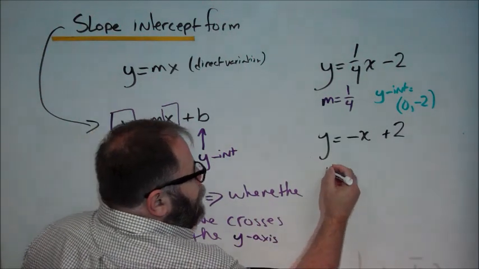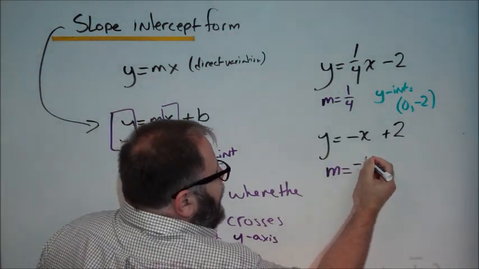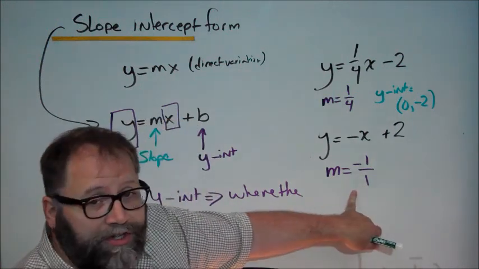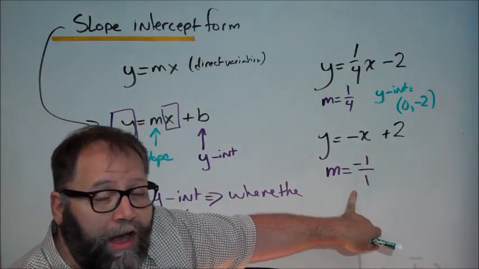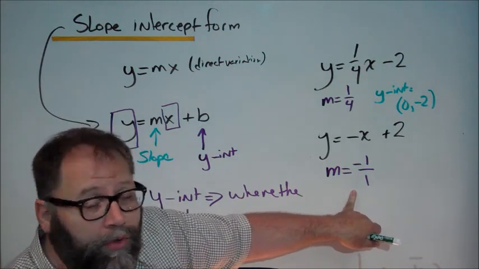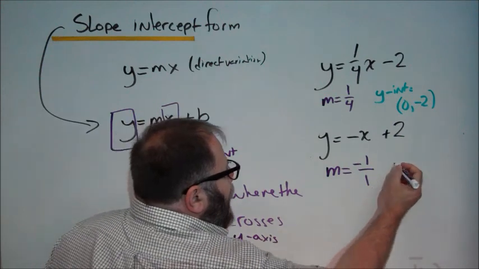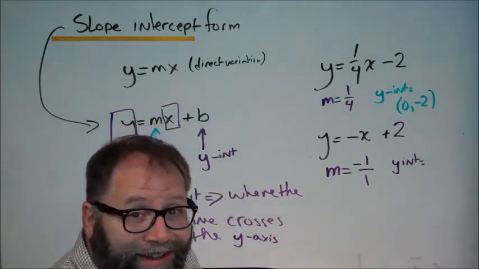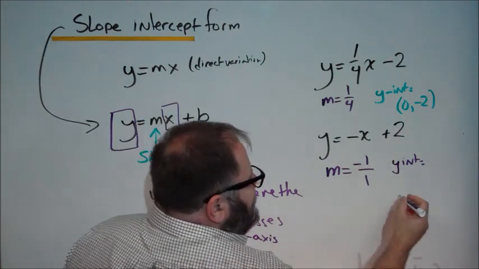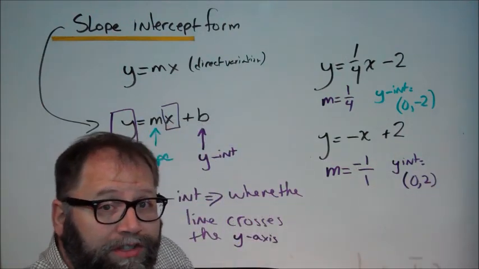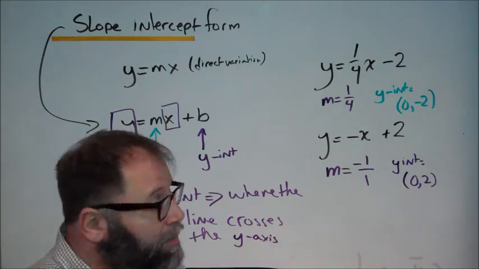So we'd have a slope of -1, and I'm going to write it as a ratio or fraction, because then I have an idea of how it rises and runs, how it moves vertically and horizontally. My y-intercept is +2, which means that line will cross through the y-axis at (0, 2).